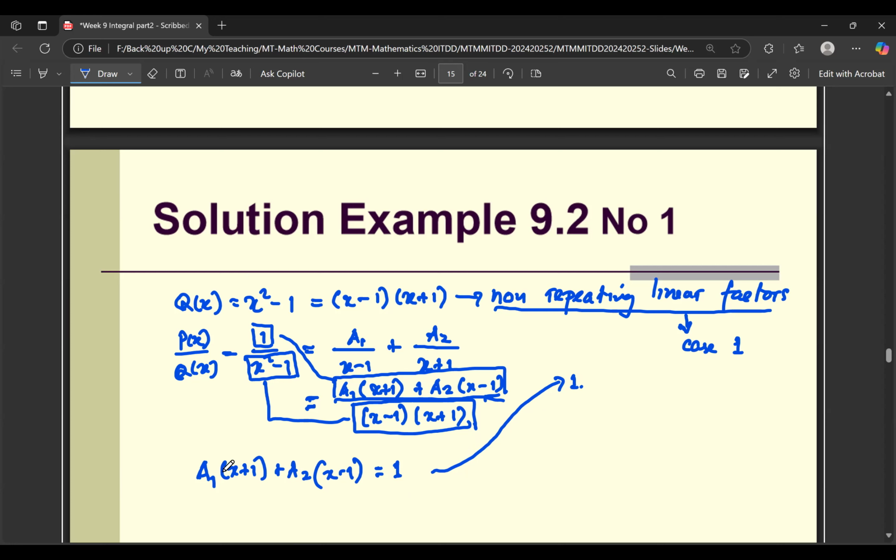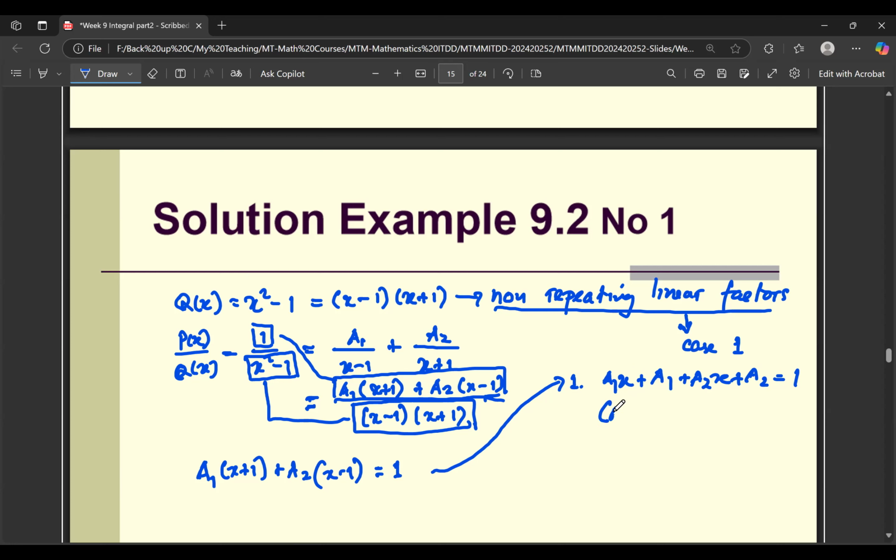How to do this one? We factor out the left side. So we have A1 x plus A1 and plus A2 x minus A2 is equal to 1. Then we rearrange in terms of x.